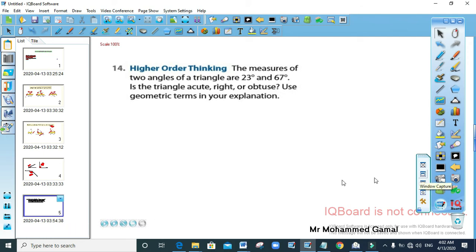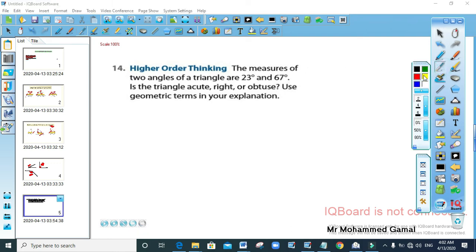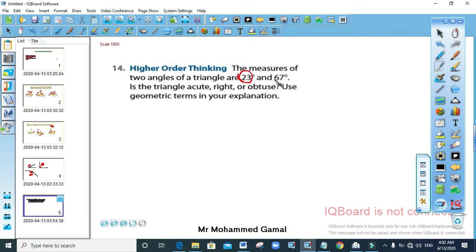In question number 14, it's a higher order thinking question. The measures of two angles of the triangle are 23 and 67. Is the triangle acute, right, or obtuse?